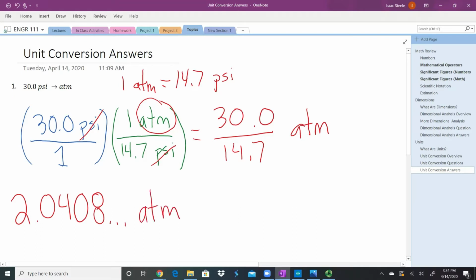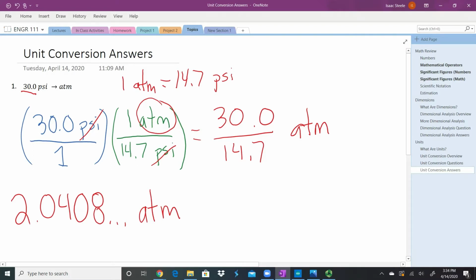Let's use our significant figures here. My original number has 3 significant figures. Now, the next question is, is my conversion factor perfect? And the answer here is no. I can assume that the 1 is perfect, but not that the 14.7 is a perfect factor.